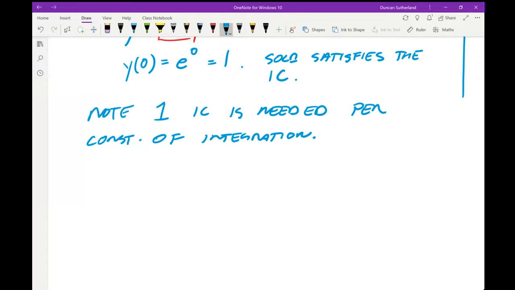Every time you integrate to get rid of one derivative, you get a constant of integration. So the number of constants of integration you will get is related to the order of the DE.